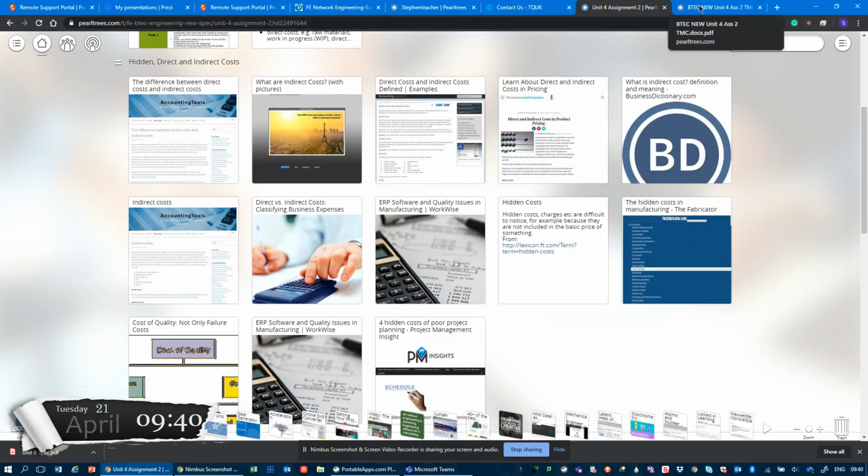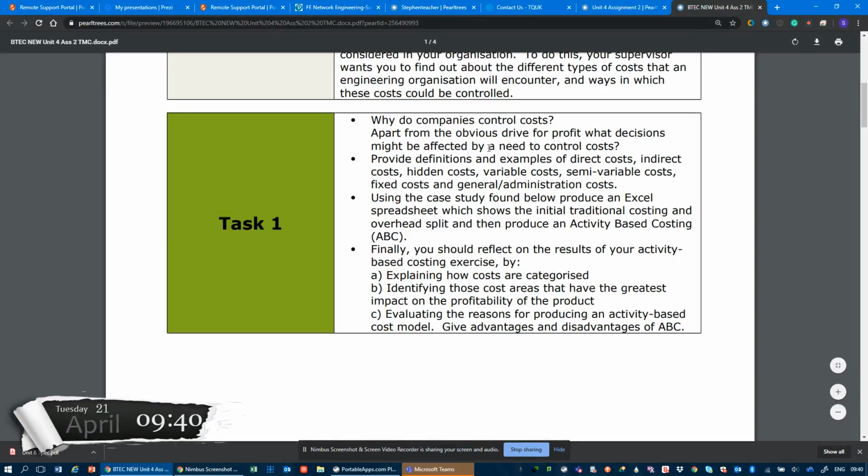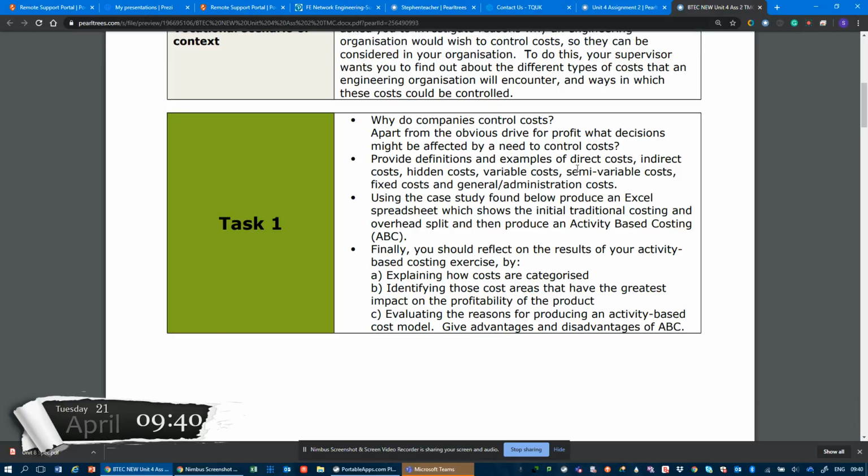I'll also run through quickly what we've got here. So direct costs are costs which are easy to measure. So, for example, that machine uses that much electricity per hour. That's a direct cost.